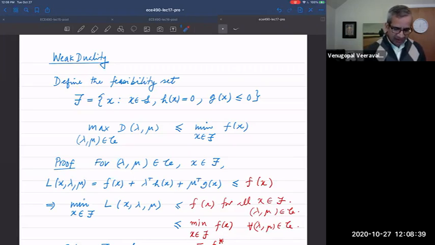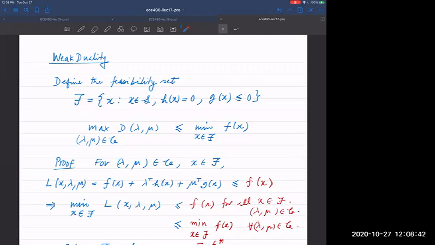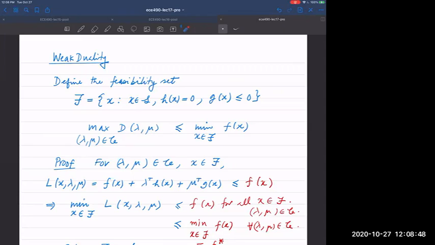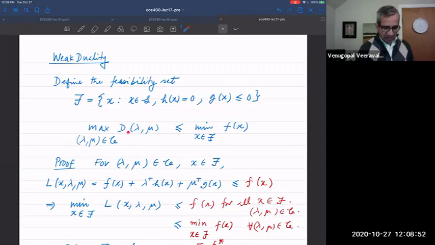No, not quite linear. What do we show about this function d(lambda, mu)? It's concave. So this maximization of this concave function is actually the minimization of the negative of that concave function, which is a convex function. So this becomes a convex optimization problem.